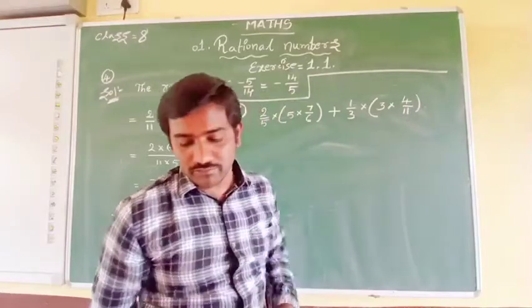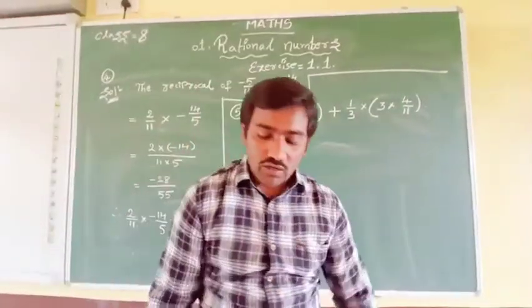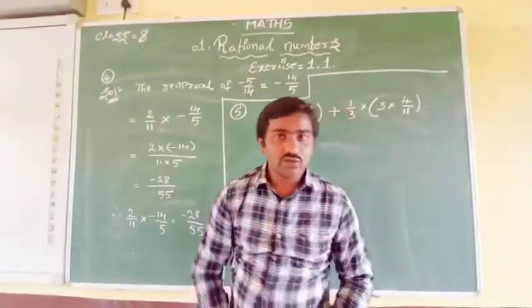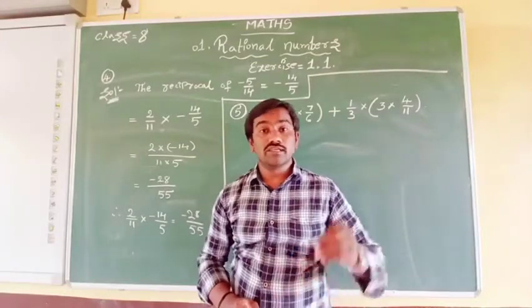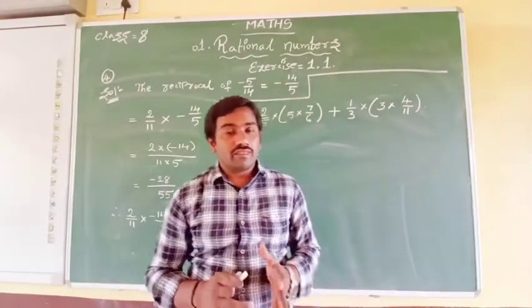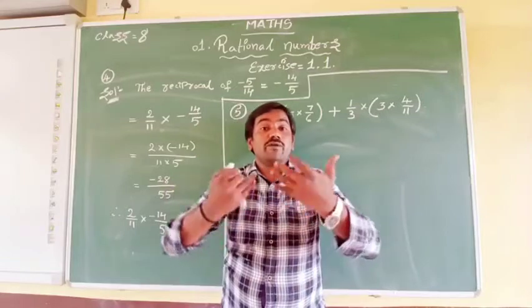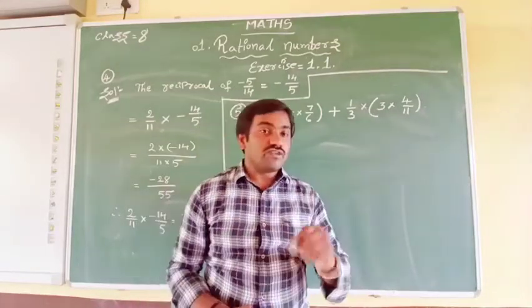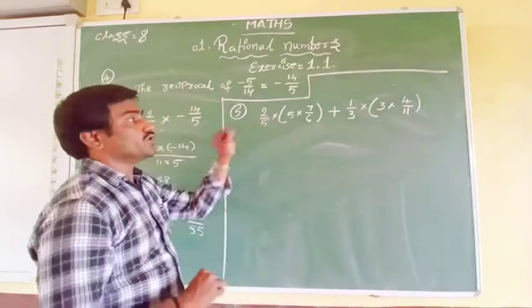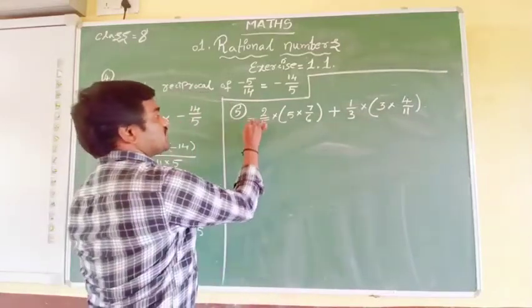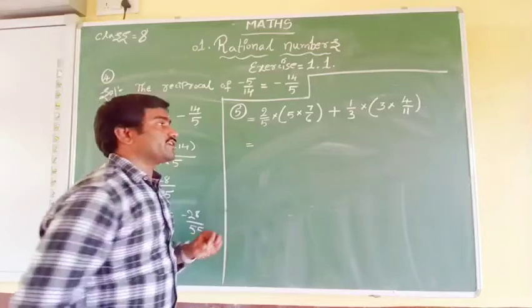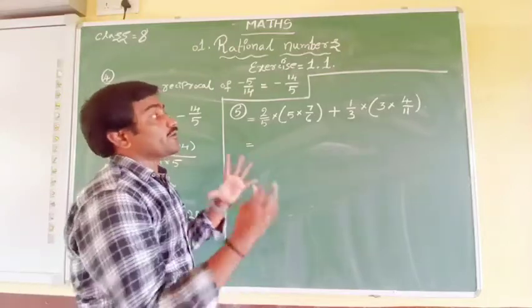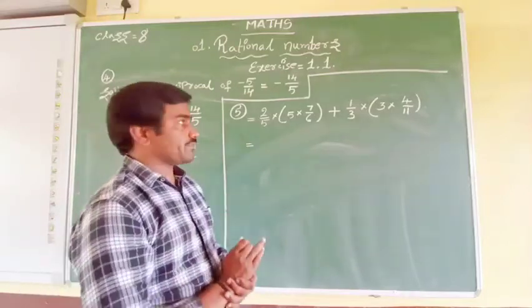This question can be solved in different methods according to your thinking, and it depends on how well you remember the properties. Which properties will you use to simplify this problem? How many properties can you observe here?